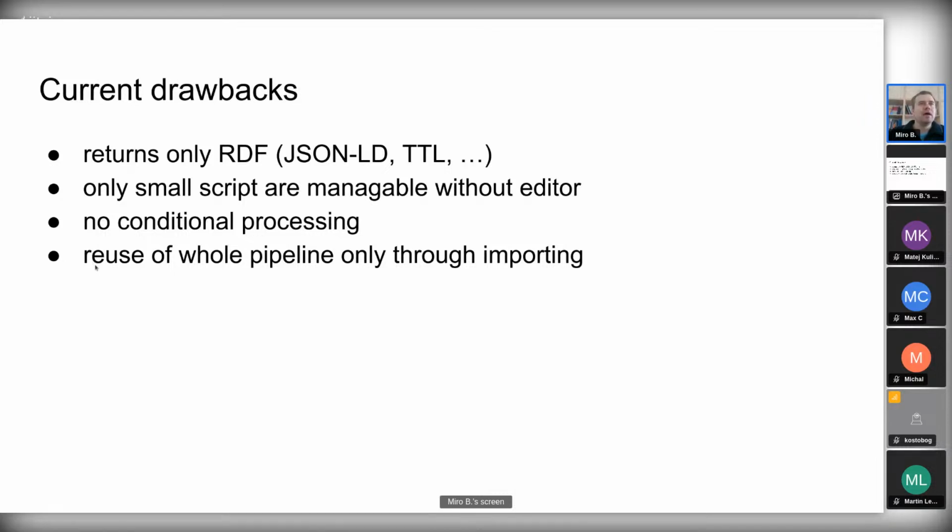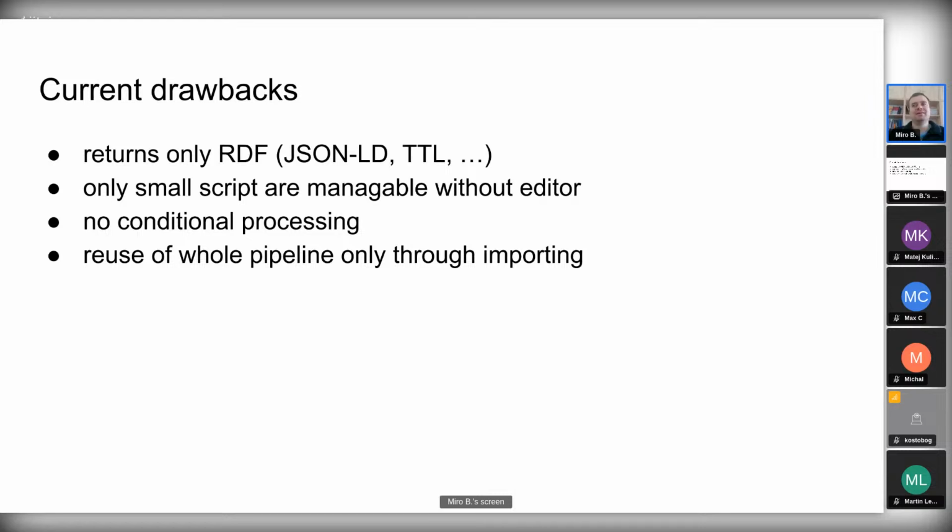but it is possible through those variables. And the other thing is that you cannot reuse a whole pipeline only by referencing it. You have to include it. So you have to build a bigger pipeline that contains this other pipeline. So if you need to reuse many pipelines, the scripts become very big. Again, this is something that will be addressed because you are basically defining functions.